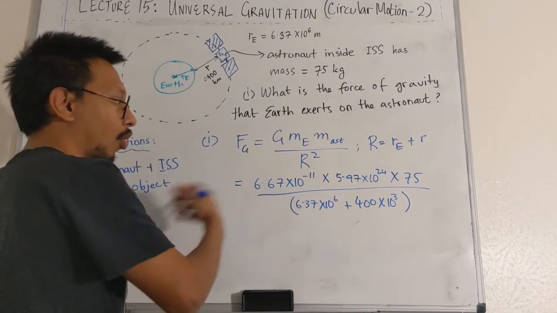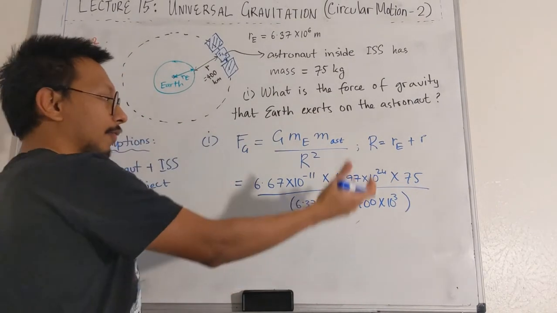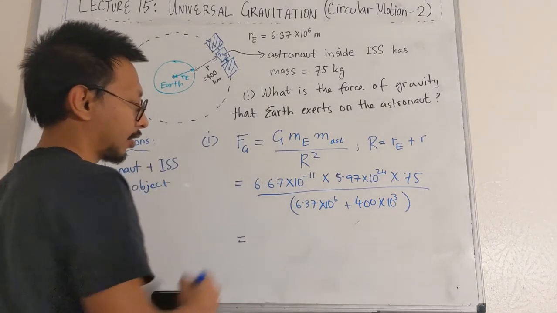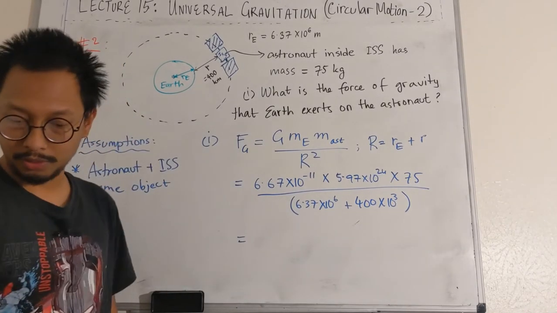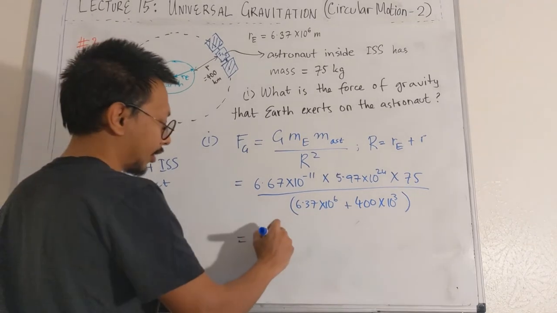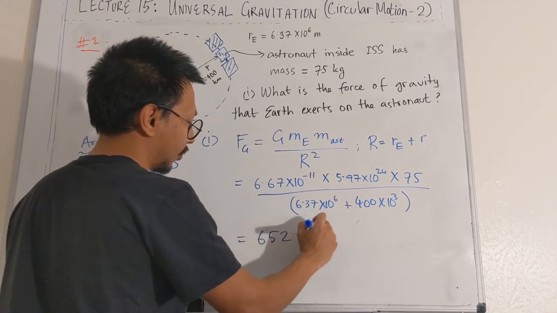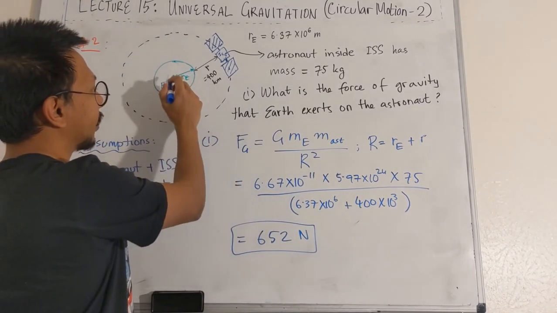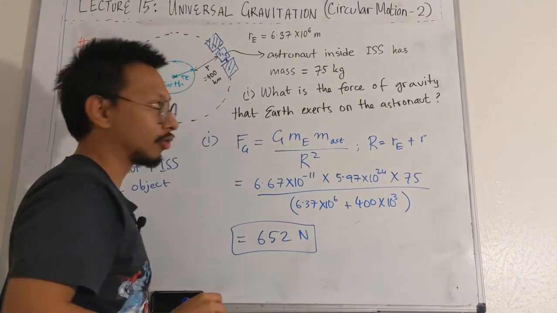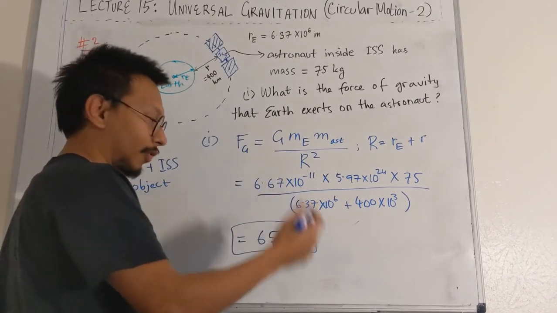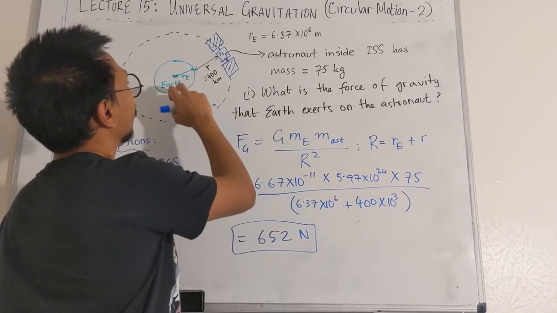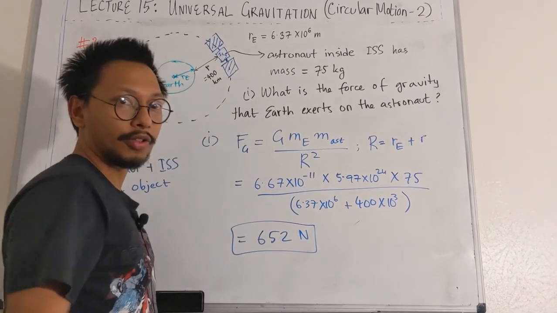Remember, we are always going to solve things finally in SI units. This gives us a force of gravity equal to 652 newtons. This is the force of gravity that the Earth exerts on the ISS to keep it in orbit. Conversely, this is also the force, but in the opposite direction, that the ISS exerts on the Earth.